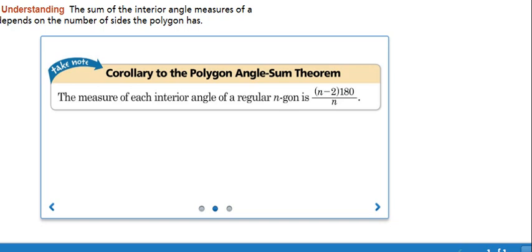We take the number of sides minus 2 times 180, and we divide it by the number of sides. But this only works for a regular, super important, regular polygon. Let's show you what a regular polygon looks like.